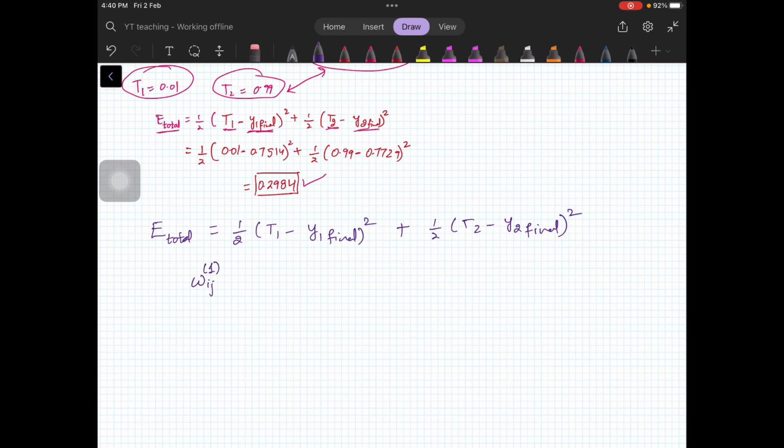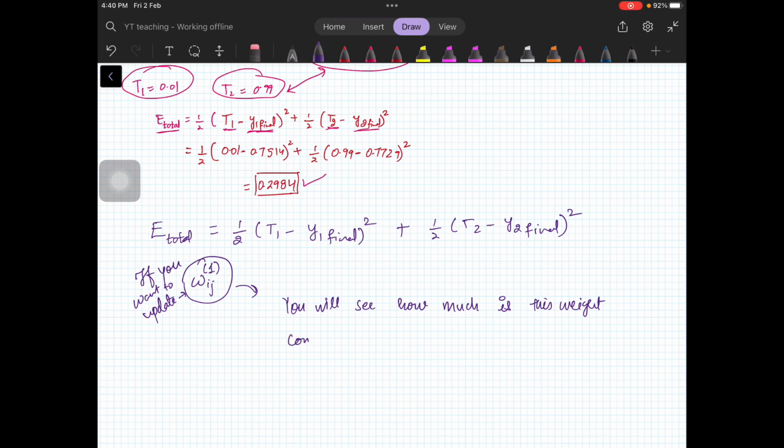We will see how much this weight, along with its nodes, is contributing towards the error.